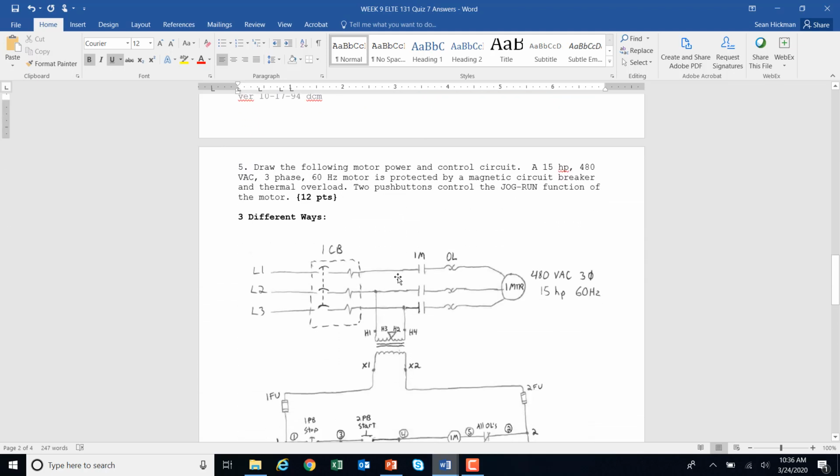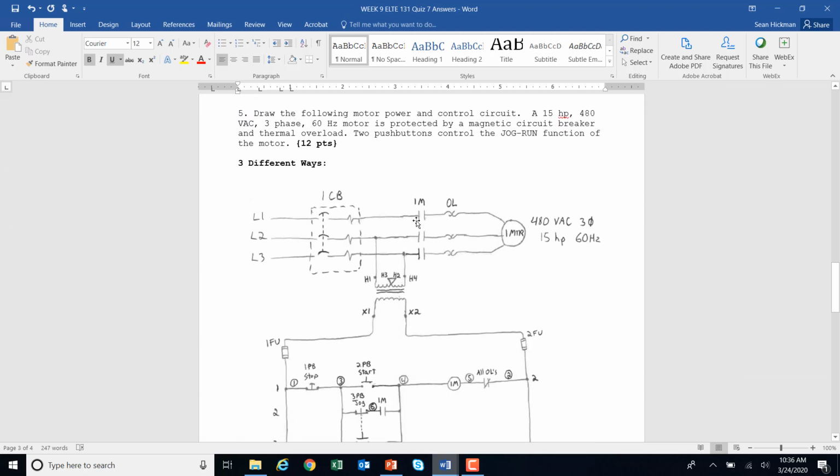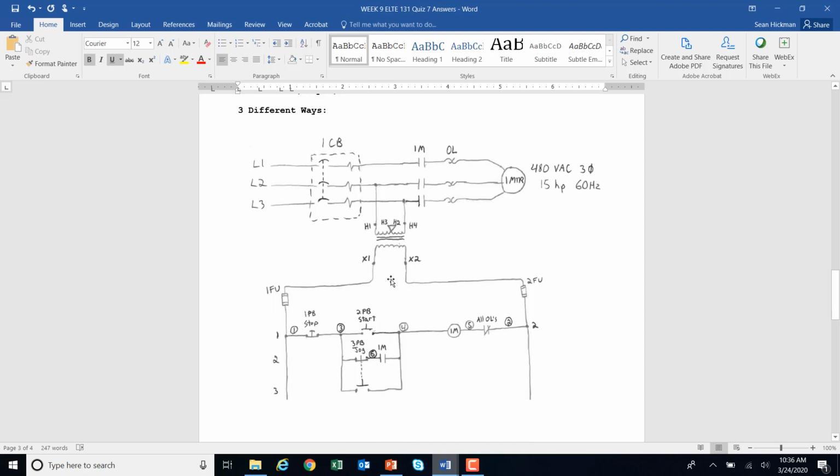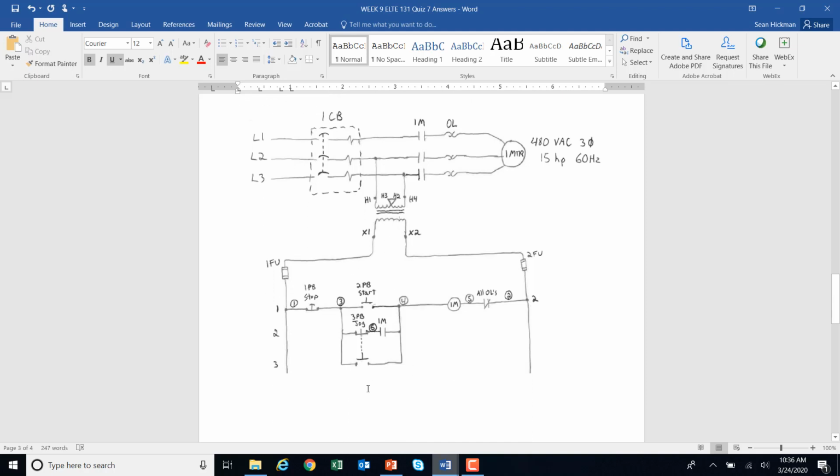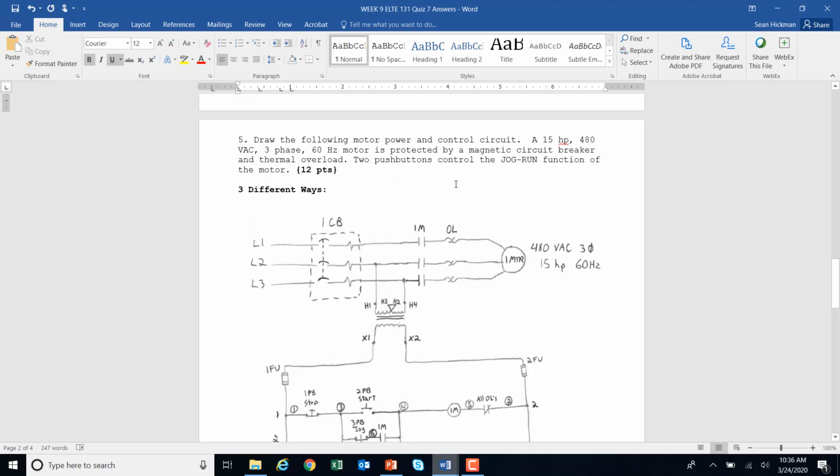We then had to draw the following circuit, and you need to be memorizing how to do these. The power circuit looks pretty standard there with the circuit breaker, the main contacts, the overload of the motor, and then it was jumpered here to bring us down from H2 to H3, from 4 to 1 in our fuses. So here's one way that we went over, and that was the jog make break. This is because what we're going to do is 2 push button control.